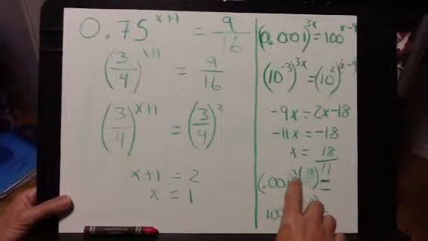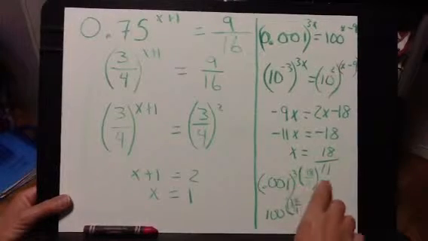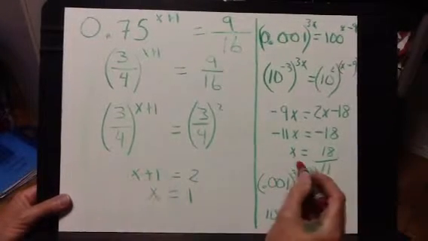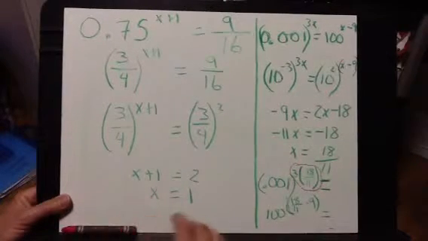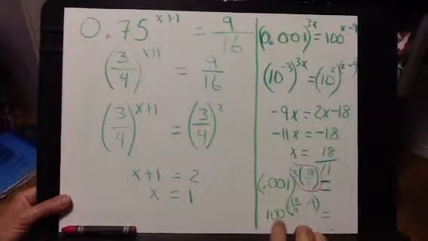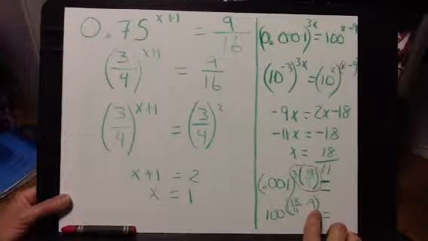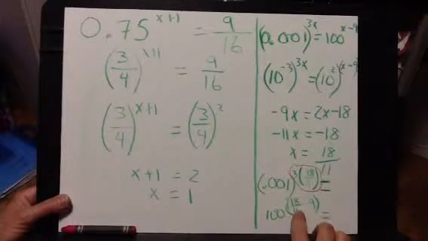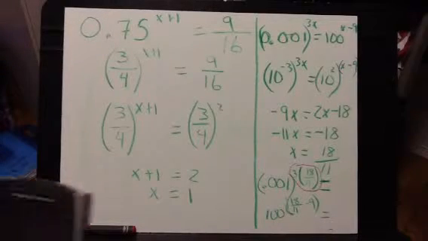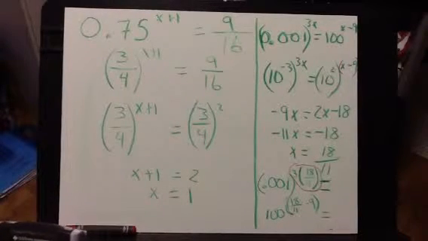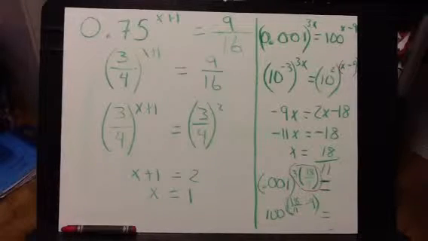0.001 raised to the 3 times 18/11 power. All of this is in the exponent. Then that should be the same as 100 to the x minus 9 power, where x is 18/11. So I'm going to pick up my calculator and see if those two are the same. I don't even need an exact expression for them.